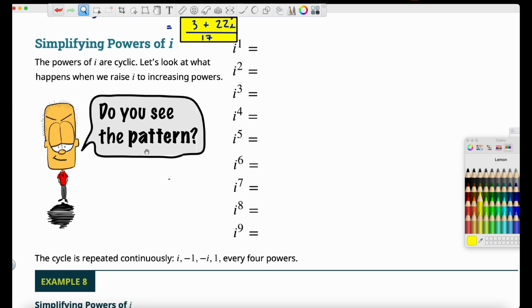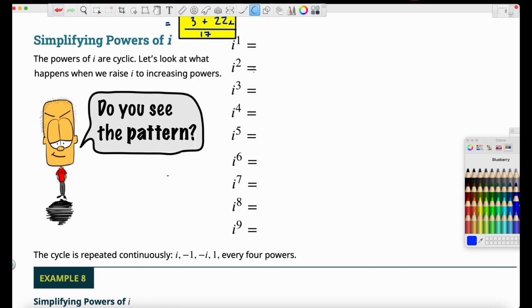Okay, very good. We're almost done here. We're going to simplify some powers of i here, and there's a pattern. So i to the first is just i. i to the second we know is -1. i to the third we can write as i squared times i, which would be the same as -1 times i, because I substituted there for i squared. And so we get -i. i to the fourth, we can rewrite that as i squared squared.